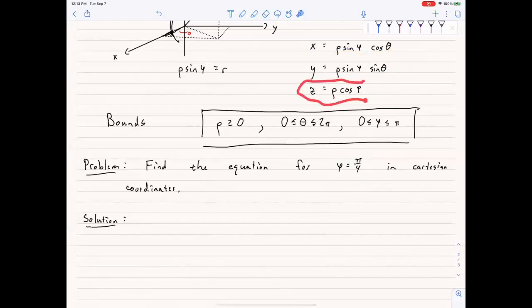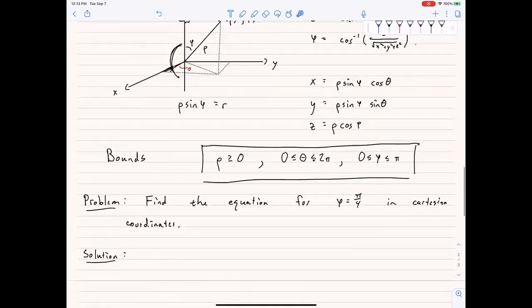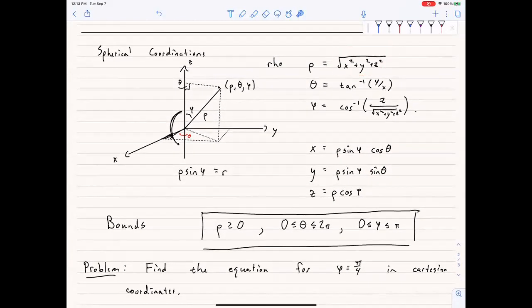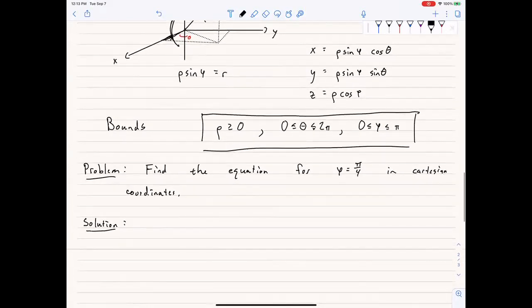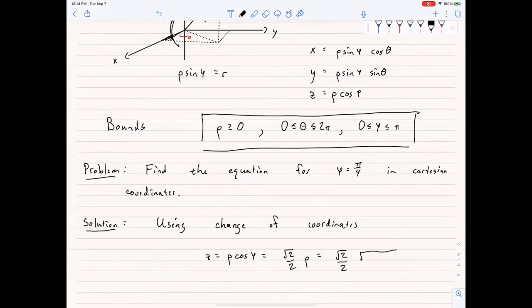But here I've got an equation that involves just phi by itself, because I can convert rho easily. Using this change of coordinates, we have z equal to rho times cosine of phi. Cosine of pi over 4 is square root of 2 over 2. So this is square root of 2 over 2 times rho, which equals square root of 2 over 2 times the square root of x squared plus y squared plus z squared.